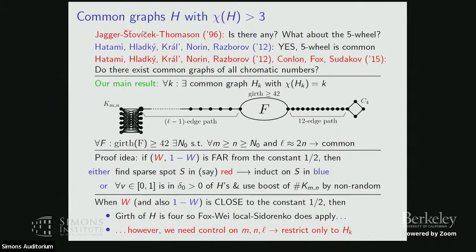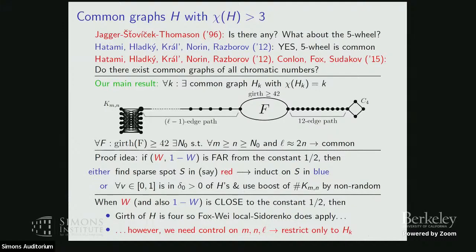We were not able to use Fox and Wei as a black box for 2 reasons. One of them was the additional L infinity assumption I mentioned in the definition of locally Sidorenko, but also, a much more substantial reason was that for this interplay of the parameters of this construction, the plan in the far case and in the close case sort of goes against each other.